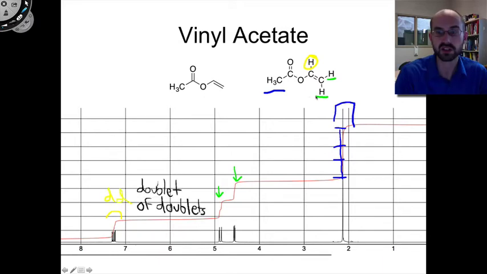It's because this hydrogen and this hydrogen are unique, so each of them splits it into a doublet. They split it differently, and so rather than a triplet, you get 4 peaks, a doublet of doublets. And each of these has an integration of 1, about 1/3 of the integration of that.